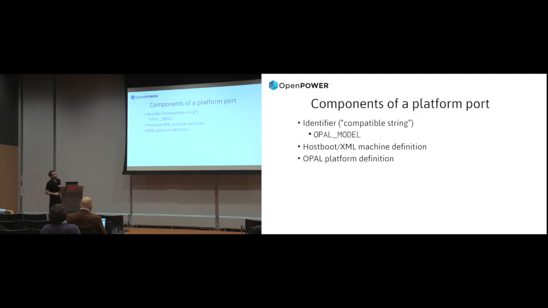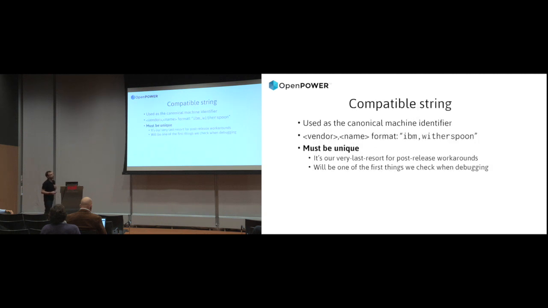Like I said, the identifier is really important. We call it a compatible string because it's a property within the device tree, which is a machine description, that is used as the canonical machine identifier, and it's usually in a format of vendor,name. So this is the one we use for Witherspoon, the AC922, and it has to be unique.